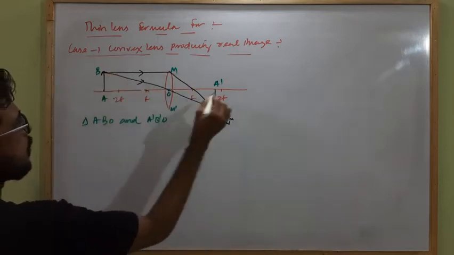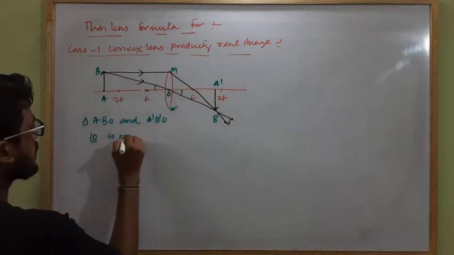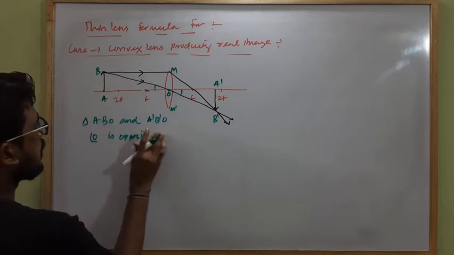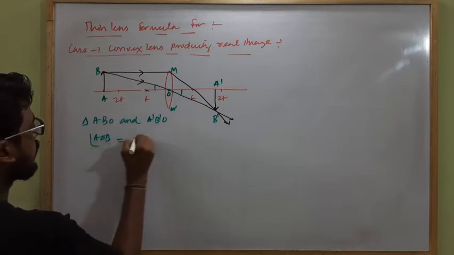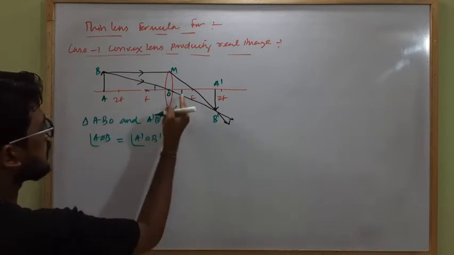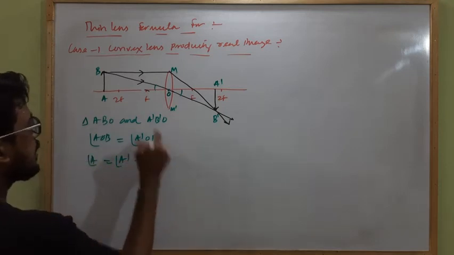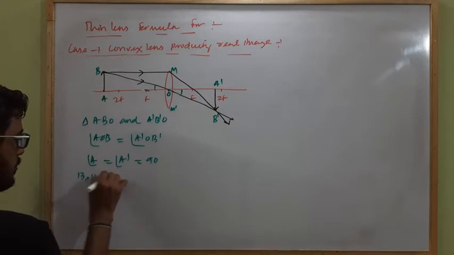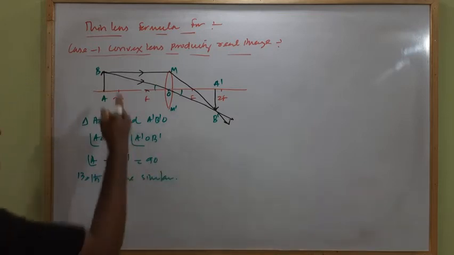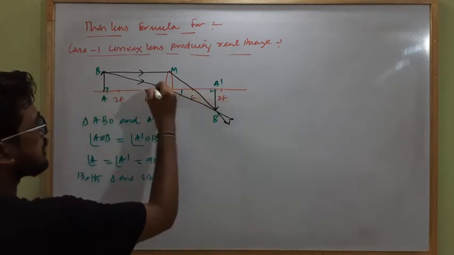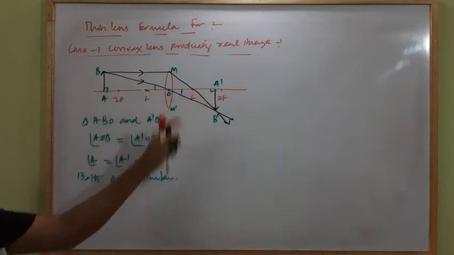So in triangles ABO and A dash B dash O, angle AOB equals angle A dash O B dash due to opposite angles, and angle A equals angle A dash, which is 90. So both triangles are similar. Clear? As these two angles are 90 degrees and this is the equal angle due to opposite angles, these two triangles AOB and A dash O B dash are similar.